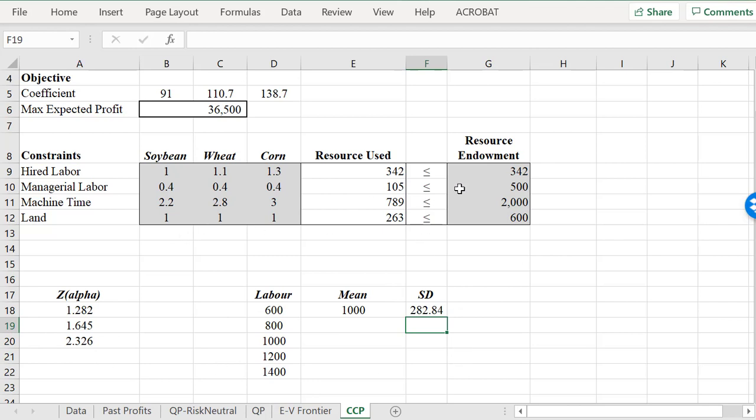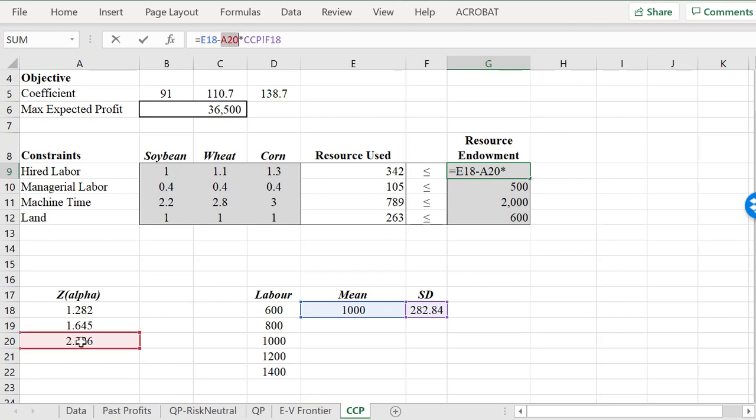So we have everything ready. Now, as I mentioned, you need to change this cell. This is the hired labor constraint, the right-hand side value of that constraint. Here, this E18 is a blue cell, the mean, so this is the B labor. Then A20 is the Z alpha value.